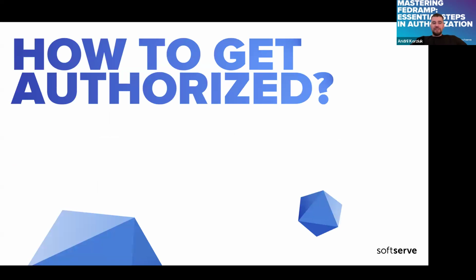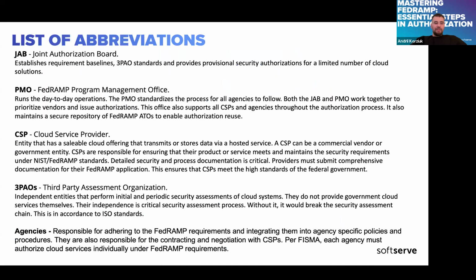Yeah, we will go to the next section, actually how to get authorized. And we will have a lot of abbreviations here. I'm not sure that I need to provide a detailed description of each of these abbreviations. Just short information: JAB is the Joint Authorization Board, PMO is the Program Management Office, CSP is Cloud Service Provider, and 3PAOs are third-party assessment organizations.